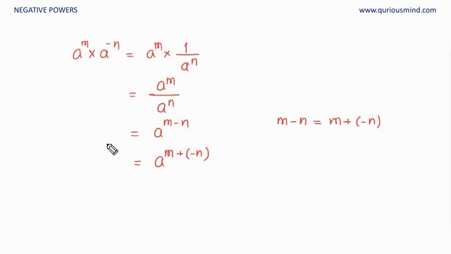Let's see that. So if I have a raised to m divided by a raised to minus n, that would be the same as a raised to m divided by a raised to minus n.